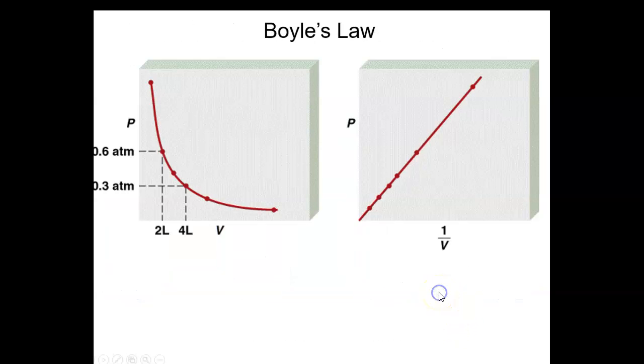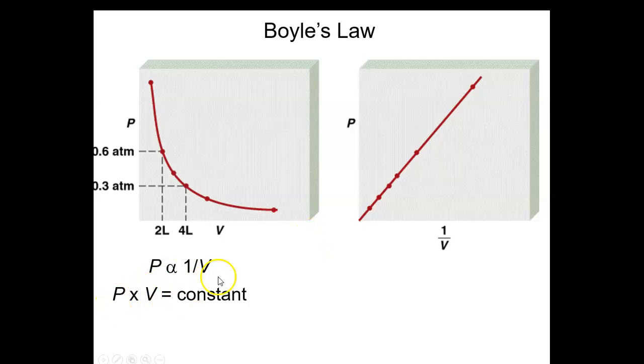Boyle worked out a mathematical relationship by studying the curve here of pressure versus volume, and you can see that this is a reciprocal relationship. The pressure on the gas is proportional to the reciprocal of the volume, and at each point on this curve of pressure versus volume, if you multiply the pressure, like 0.6 atmospheres, by the volume, here 2 liters, you get the same constant pressure volume product at each position on the curve, so that 0.3 times 4 is the same as 0.6 times 2.